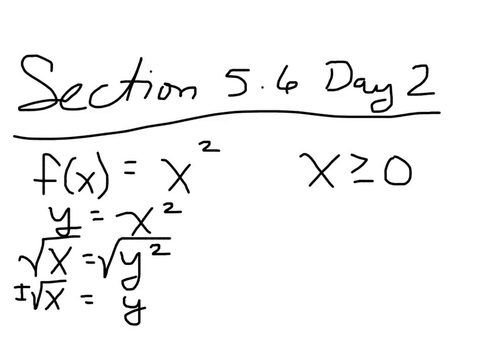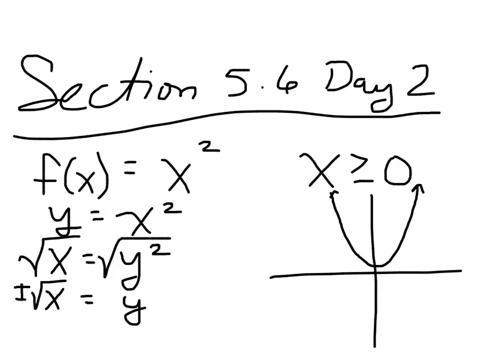Okay? Now, here's one thing, though, that I have to back up a little bit on. On the original problem, x squared is a parabola. However, it had a restriction on it. So here's what happened if you were asked to graph it. That particular original one, if you graph the parabola, and remember we've graphed parabolas before, something like that.